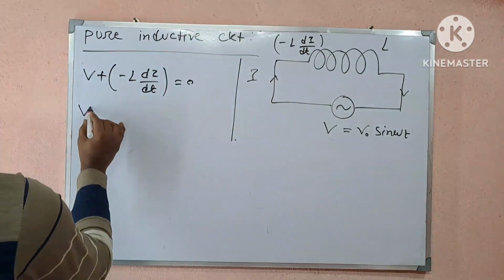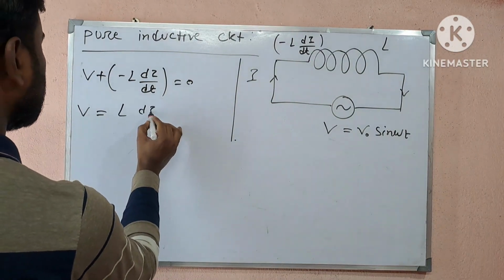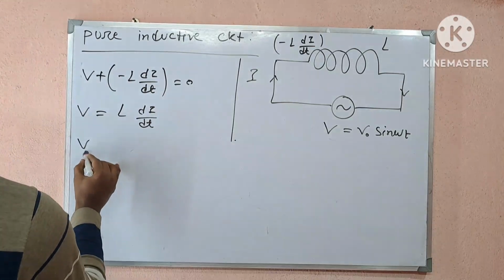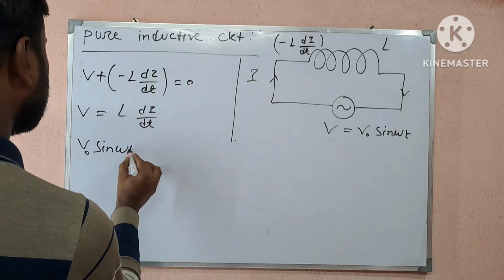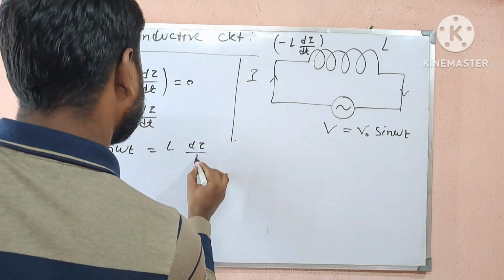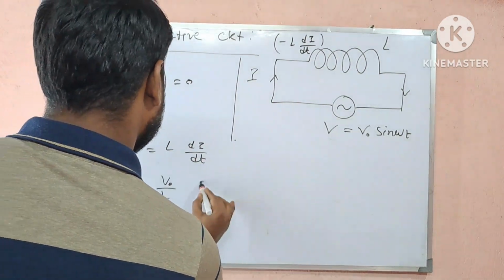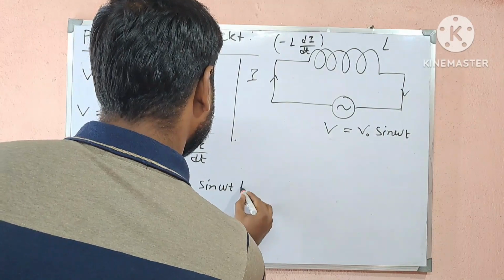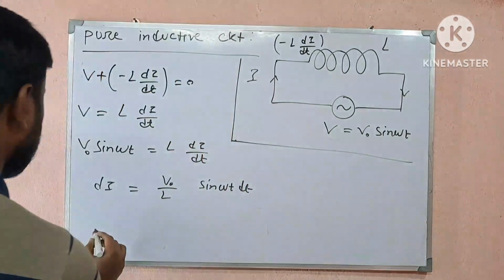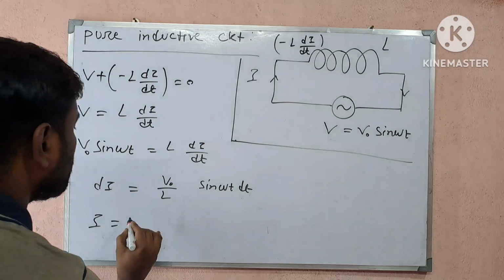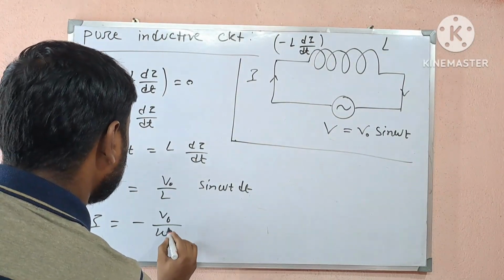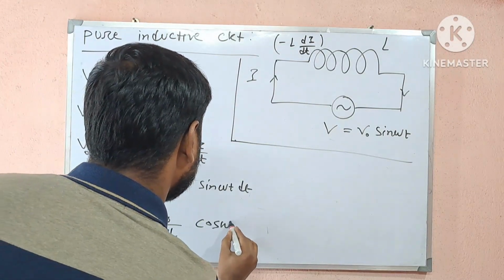So now we can write V equal to L di/dt, with V equal to V0 sin omega t, so V0 sin omega t is equal to L di/dt. So we can write di equal to V0 by L sin omega t dt. If we integrate, then I equals minus V0 by omega L cos omega t.